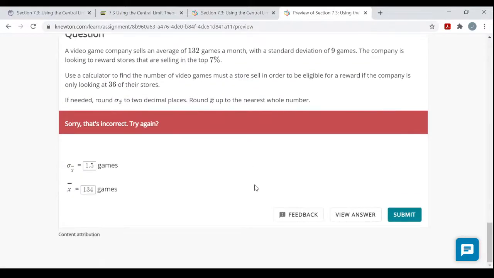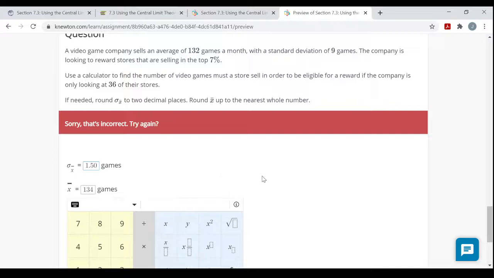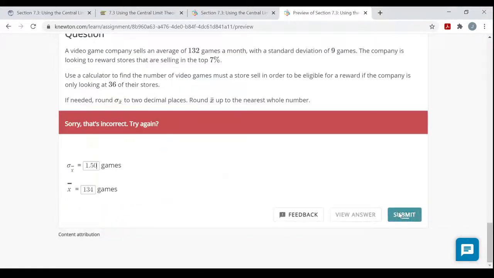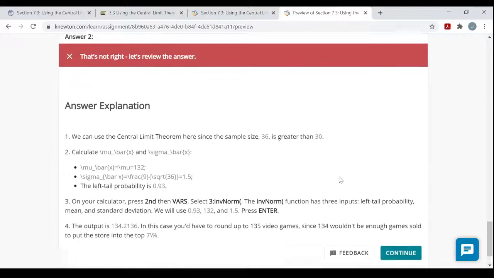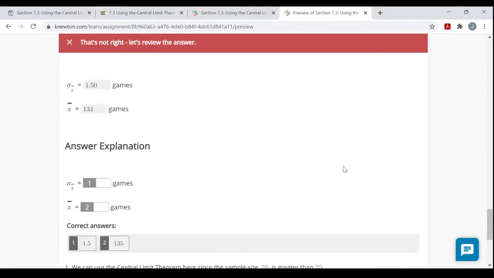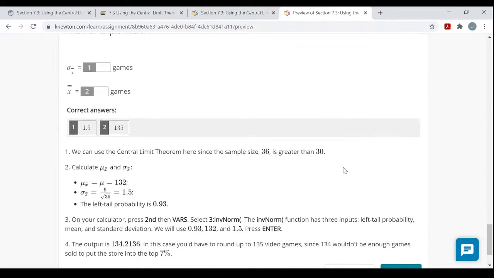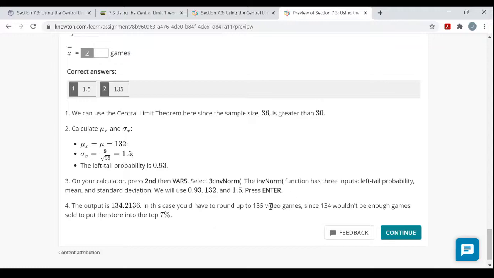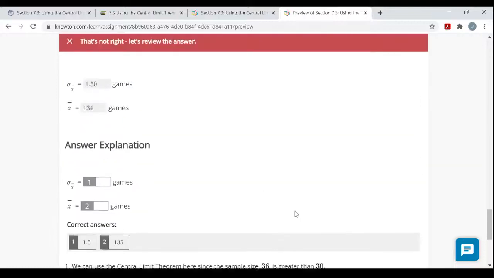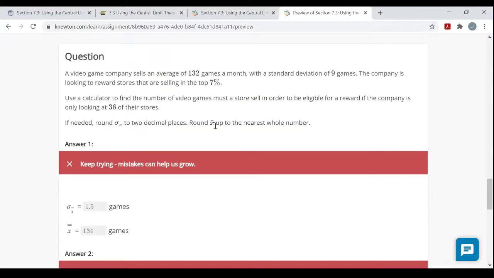Oh, what happened? Is it 135? Or maybe they want 1.50 for the 2 decimal places. Let's see if that does anything. Okay, what do they got? All right, maybe it's 135. Goodness. Ow. It did say round. Oh, it said round up.